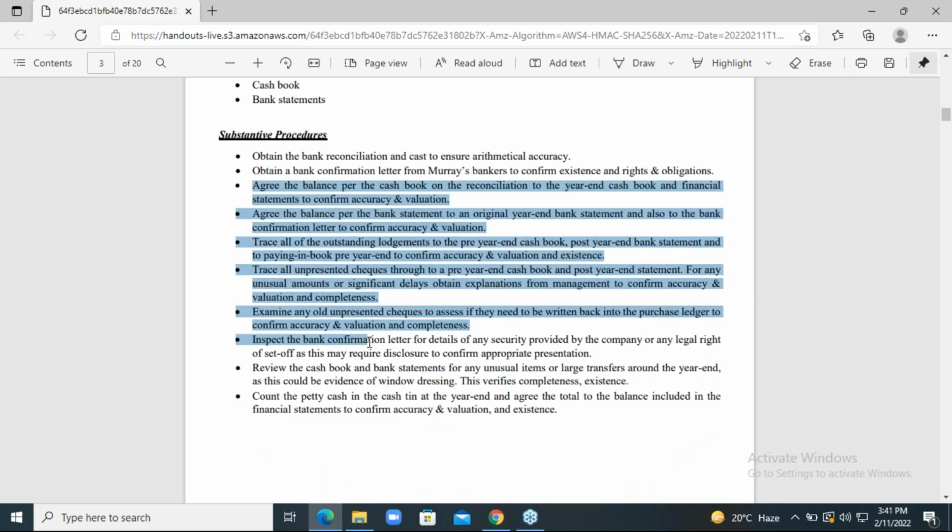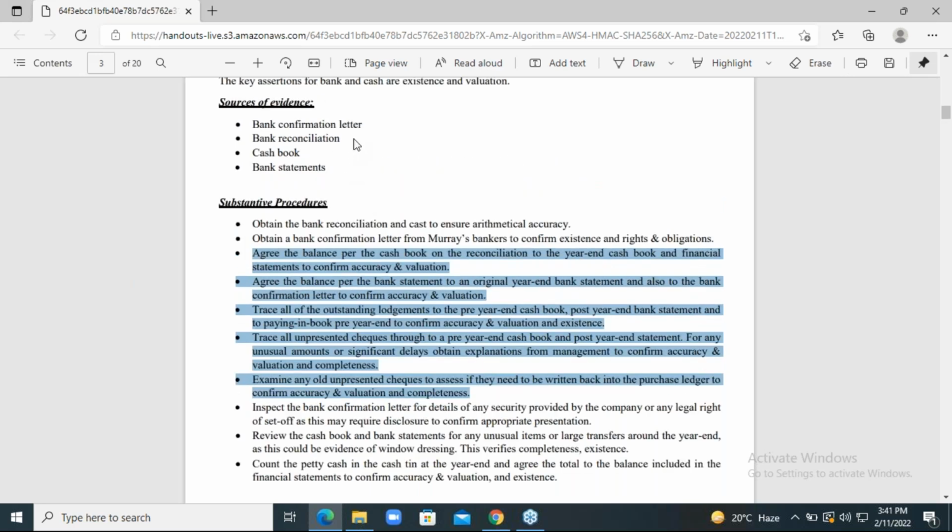So you could see most of the procedures when you are dealing with bank and cash. These generic procedures are also provided in your resources, in your Kaplan and BPP books, they are also written out there. So half of the procedures are from bank reconciliation statement.